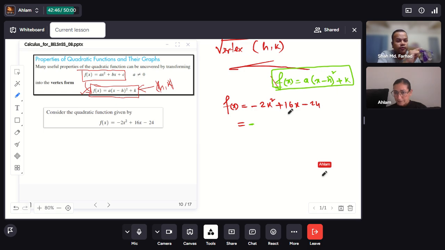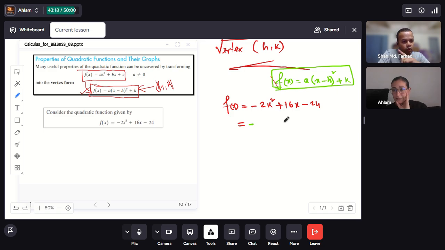Now, if you are asked to find the vertex point, then how can you find it? Okay, I got it. You have a doubt here about the two values of x. You are talking about the values of x, right?